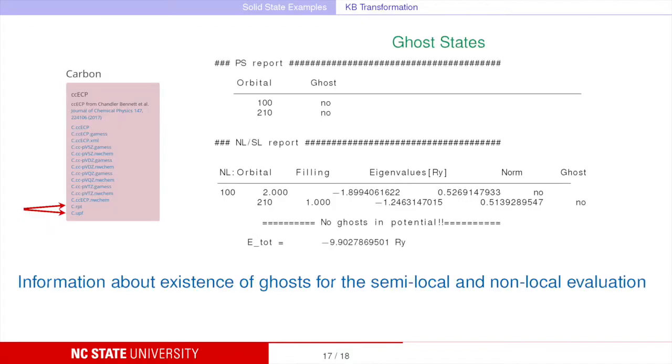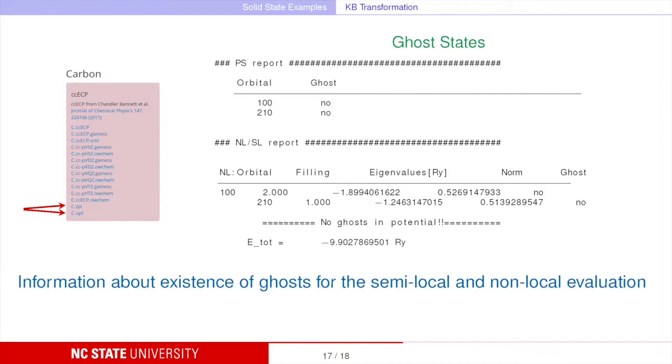Again, it's kind of hard to see, but if you go back to the pseudopotential library and click on carbon again, you'll see at the bottom there's a C.RPT and a C.UPF. If you want to use Quantum Espresso, the C.UPF is the pseudopotential file that you would need to use. But there's relevant information added in the C.RPT, which comes from the OPIUM code that I've modified to do this.